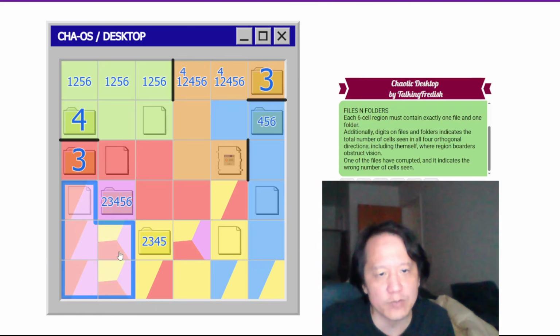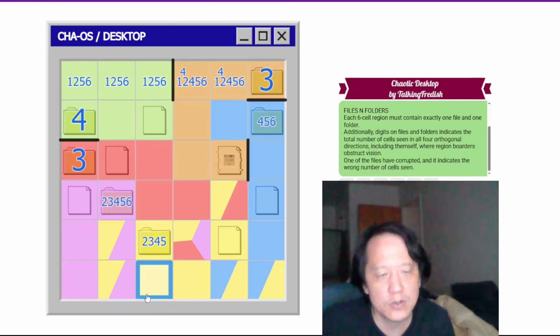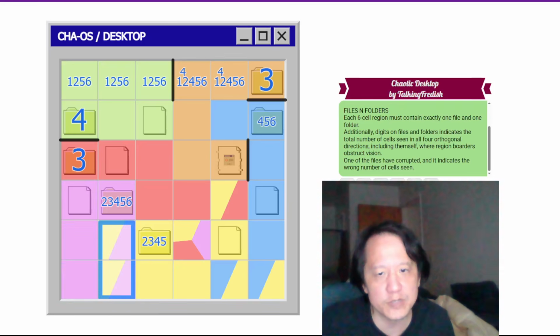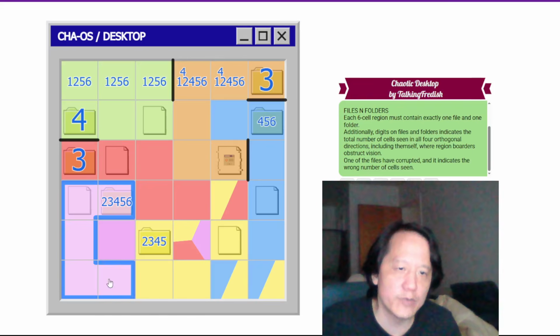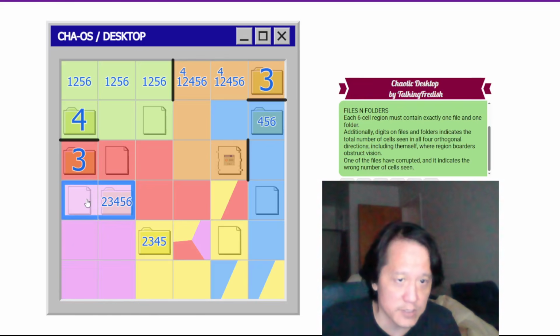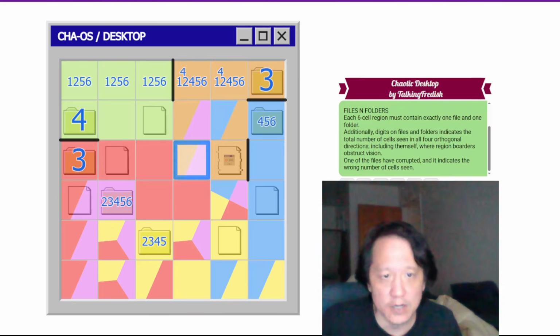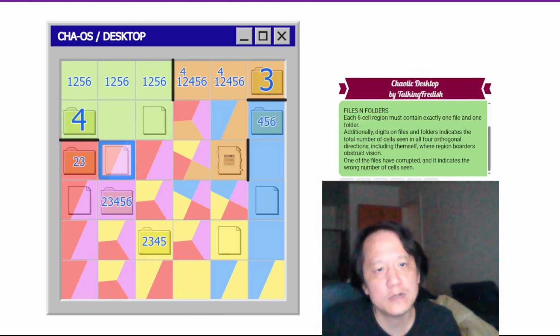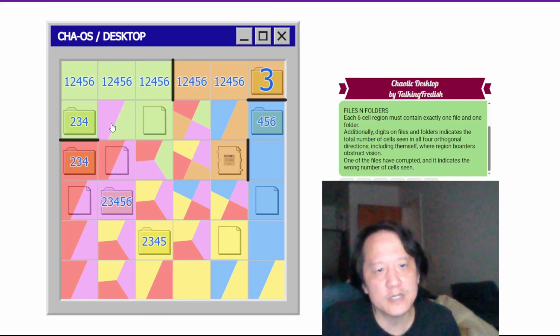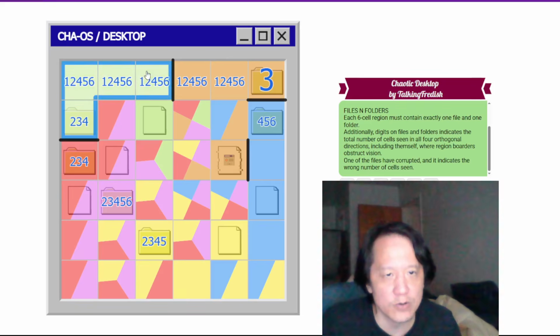None of these can be red anymore. So we have pink, pink here. This must be pink, pink here. And we have a contradiction because these see the same number of cells. So, we've shown this can never be green. So green has to go around this way.